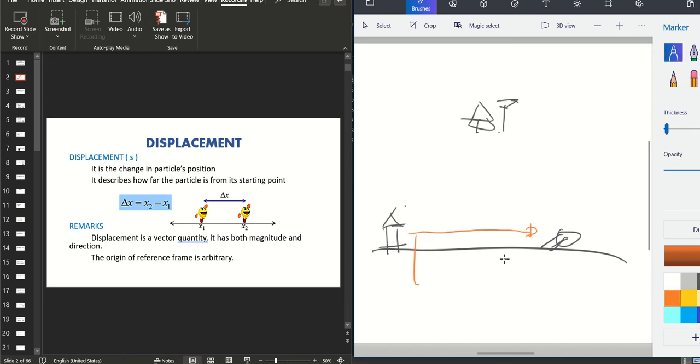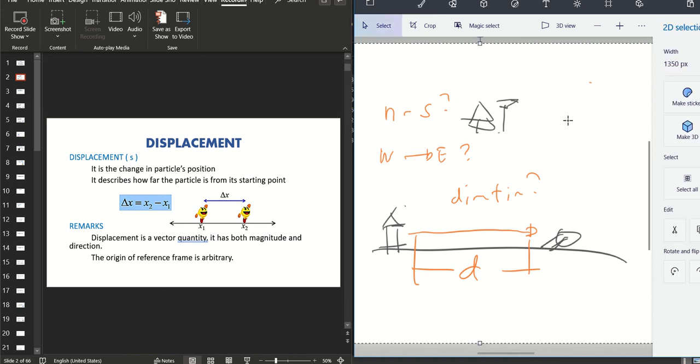So that's the distance that is covered. And what's going to be the direction? Is it from west to east? Or is it from north to south? So that's the essence of displacement. So displacement will give you the shortest route, and at the same time the direction of the shortest route. So that's the difference between displacement and distance.